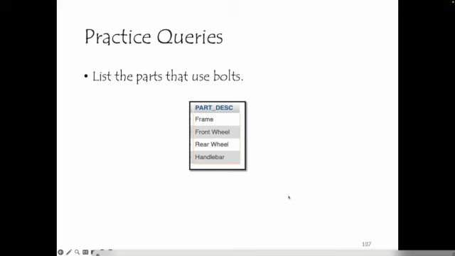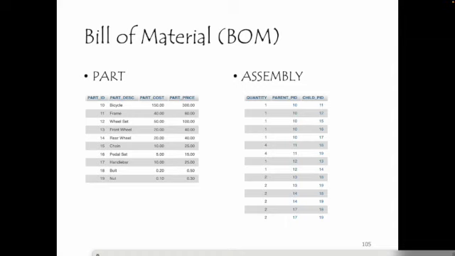Okay, finally, the last example of this topic. List the parts that use boards. So let's understand the question first. Here, go back, and the boards are used, so boards are children. How can you find the boards?